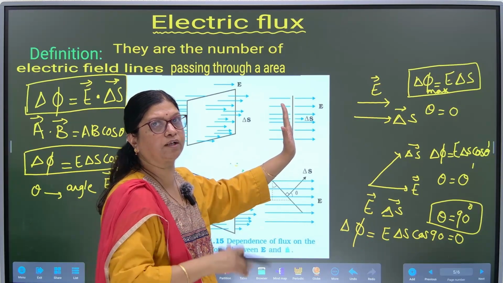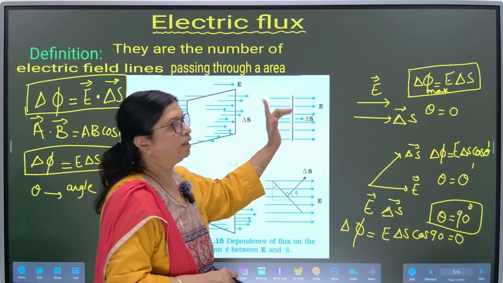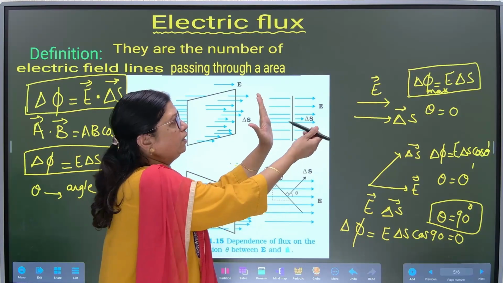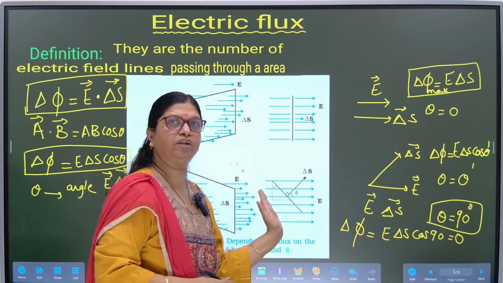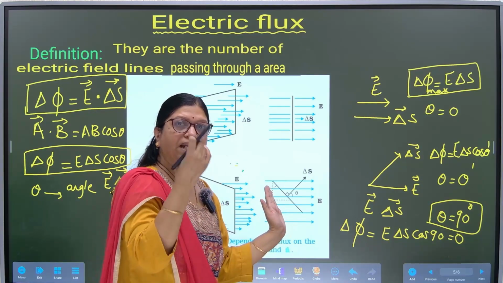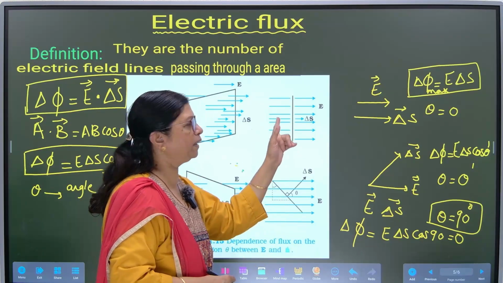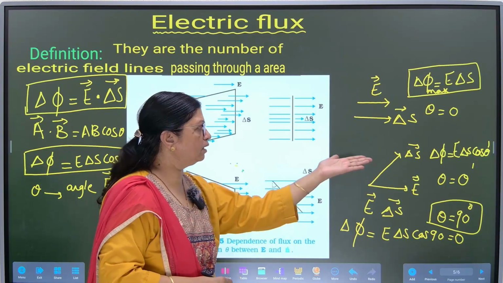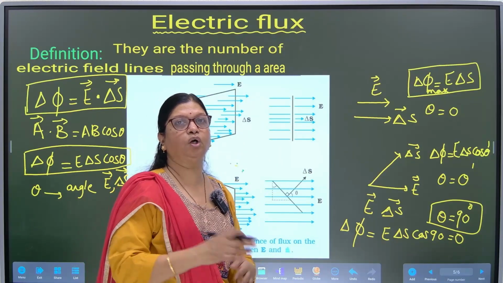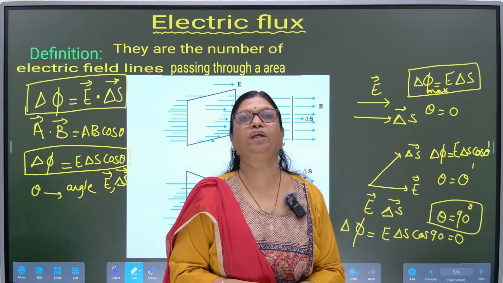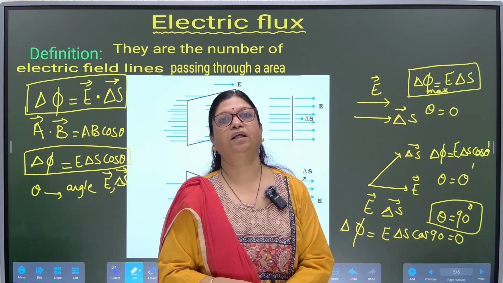Maximum amount of water will be flowing through the surface. So I will get delta phi max because theta is 0 between E and delta S. If I keep it somewhere slanting, then a lesser number of electric field lines will pass through this surface compared to this. So I will get an answer lesser than this because cos takes a value between 1 and minus 1, as we all know. Fine?